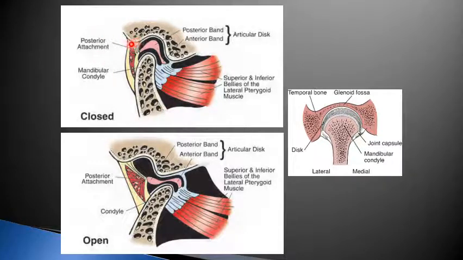Then you have the fibrous capsule. You can see the fibrous capsule. When the joint is closed, the capsule is relaxed, and when the joint is stretched, the capsule is extended and it is still intact.